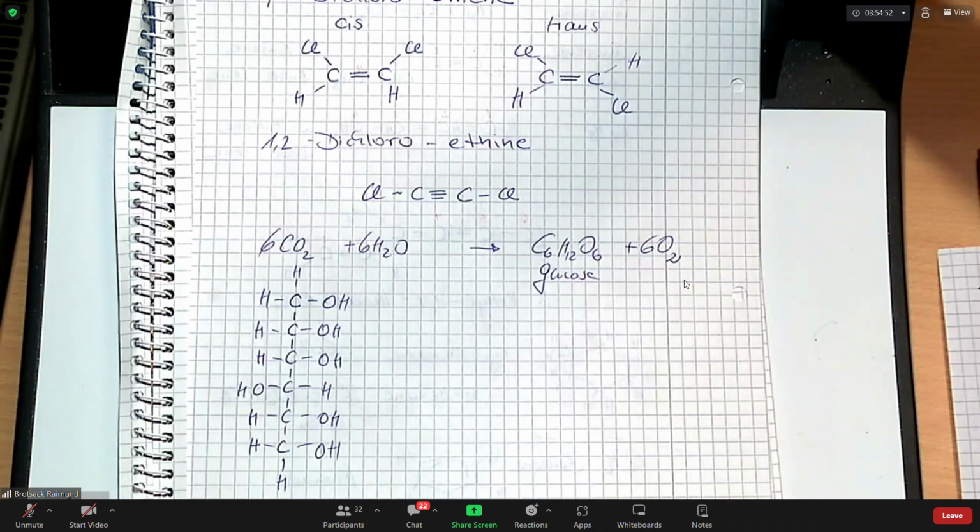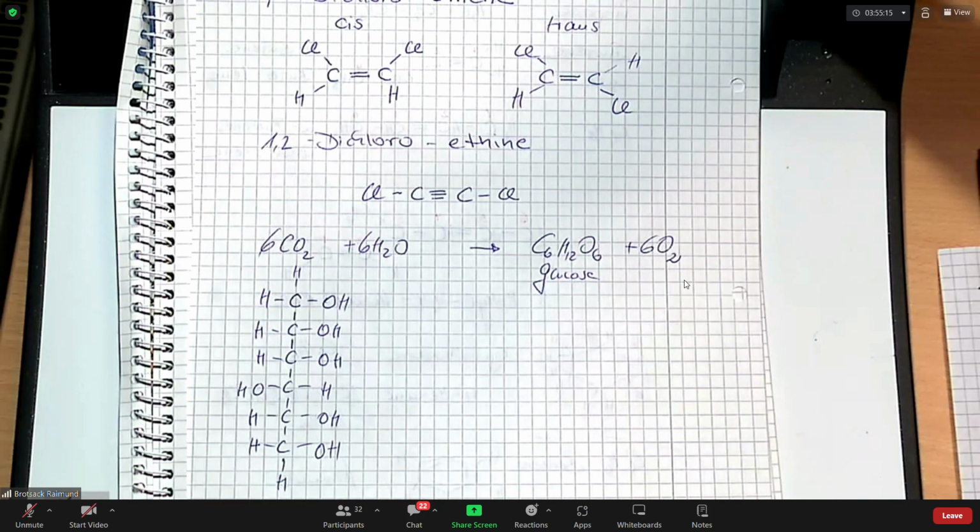We have 6 carbons. For example, here we have four different partners, so here we have an optical center. Even here, there are a few different optical centers.